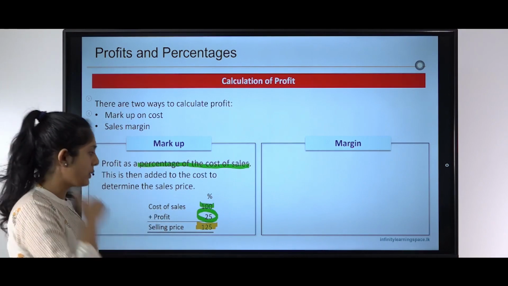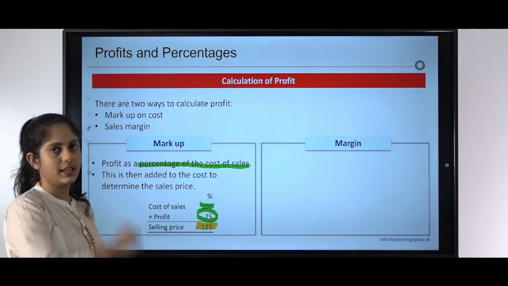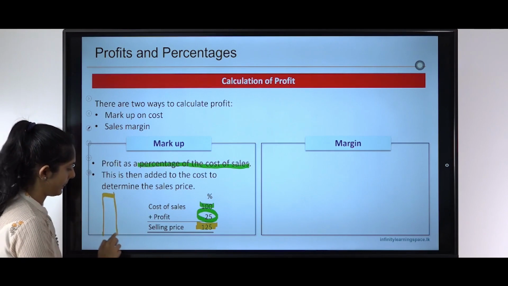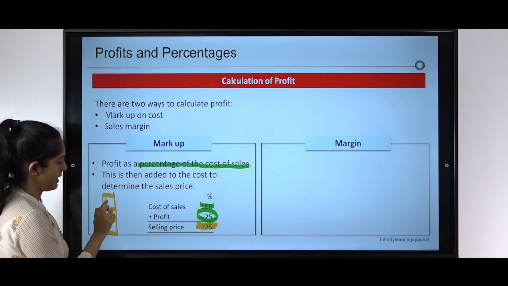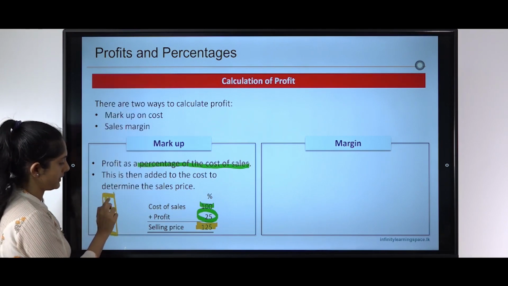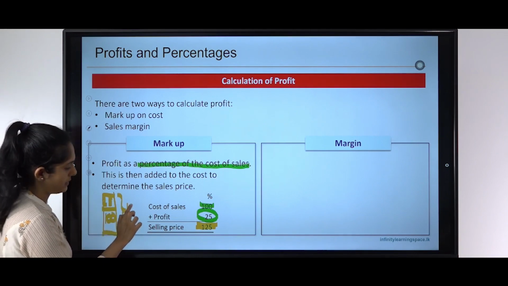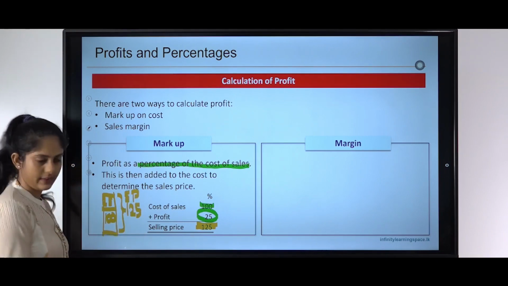Imagine this is your cost of 100 and on top of that you have your 25 profit. So this is a total of 125. This is your selling price.